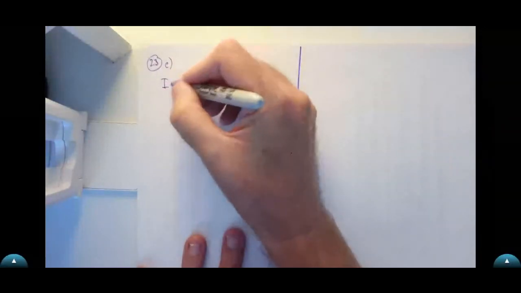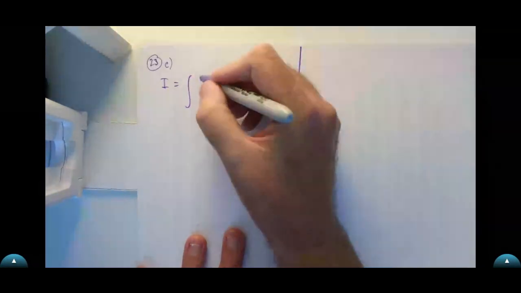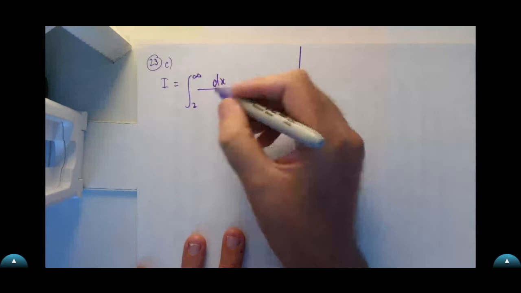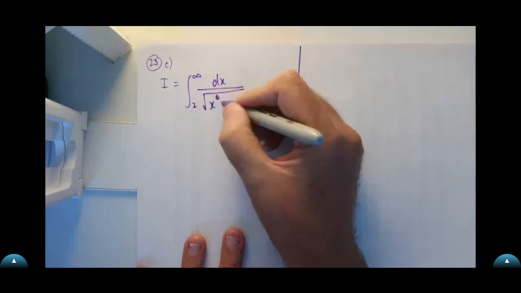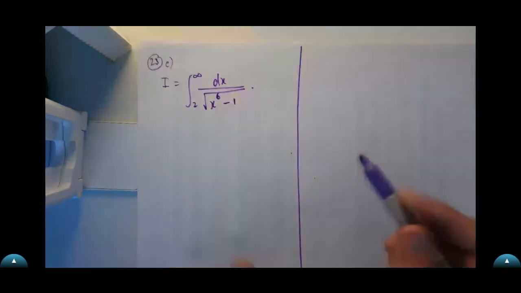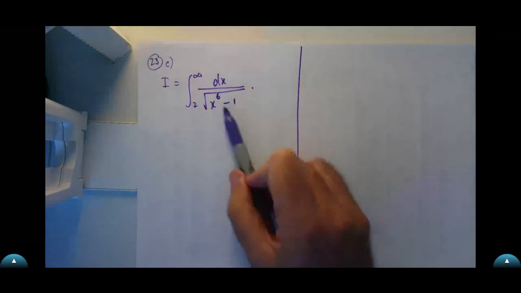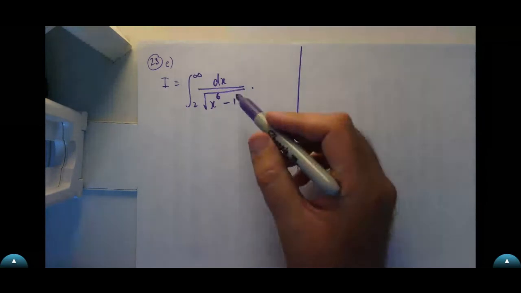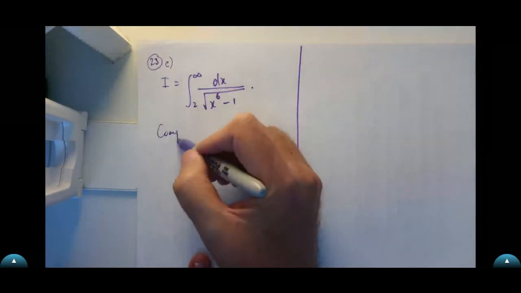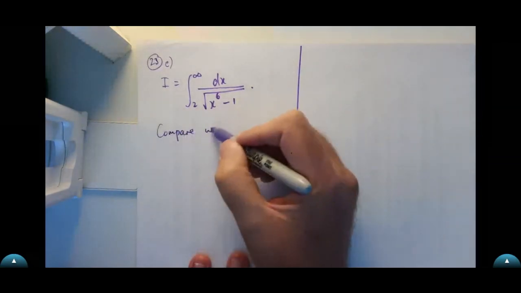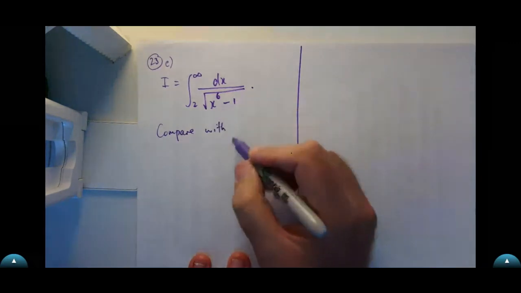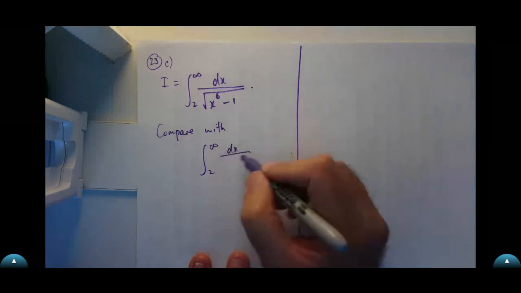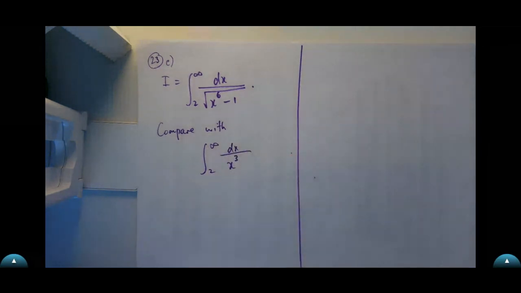Okay, so the negative one is not going to affect it when x is large. And so I would compare with x cubed.